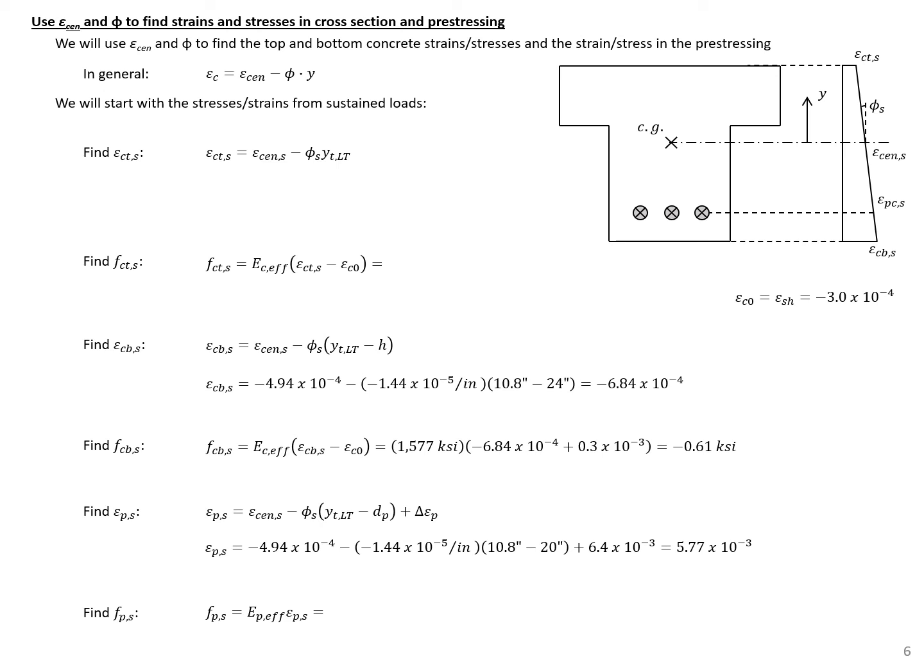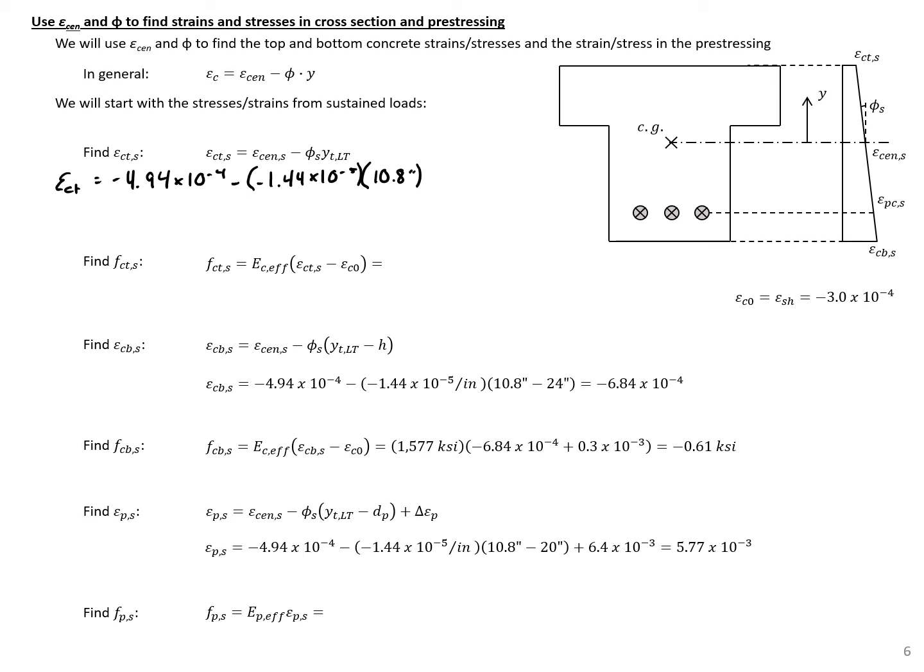So here we'll have our epsilon CT is equal to our strain at the centroid, which is negative 4.94 times 10 to the negative fourth, minus our curvature here, which is negative 1.44 times 10 to the negative fifth, times the distance between the centroid and the top of the section, 10.8 inches.